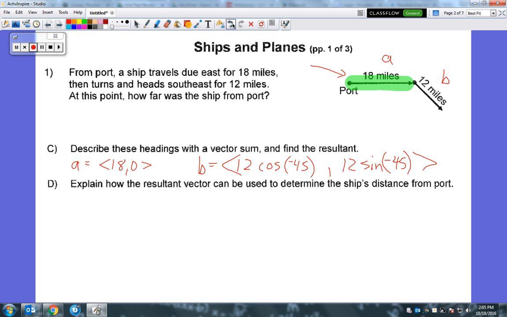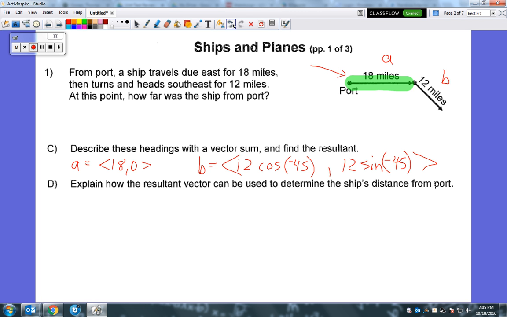Would it just be like 6 root 2, negative 6 root 2? Yes, correct. Yeah, you could do that. So whenever you're doing the components, if it does say write it in the exact form or the exact answer, yes, by all means do the square root.